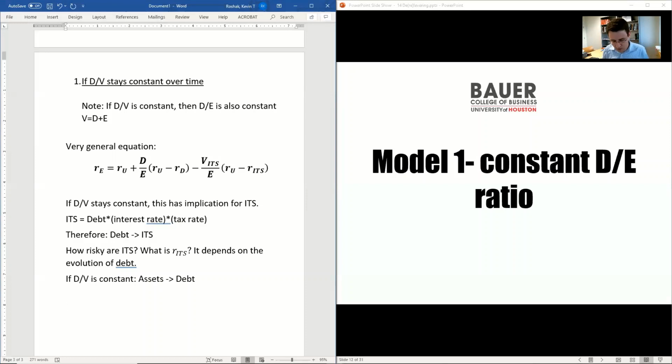Right? So just to illustrate, suppose the value of the company grows. It grows by, say, 3%. Okay, so what does that mean? That means that the value of the company changes into value times 1.03. How can you keep the debt to value ratio constant? Well, you need debt to also grow by 3%.